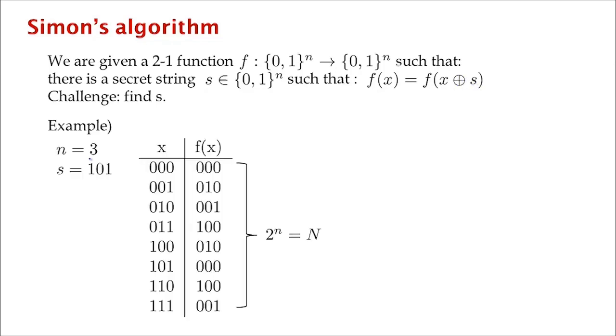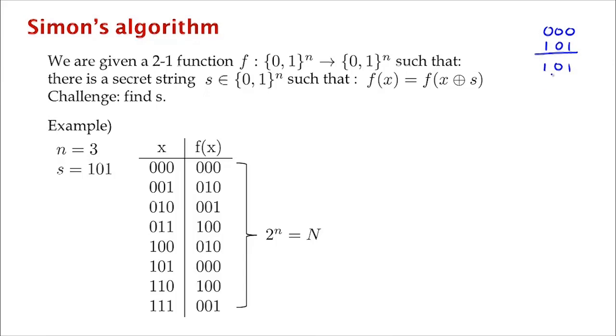So for example, if n is 3 and s is 101, then we must have the case that, for example, 000 plus 101, if we do a bitwise sum, that's 101, then f of this must be equal to f of that.